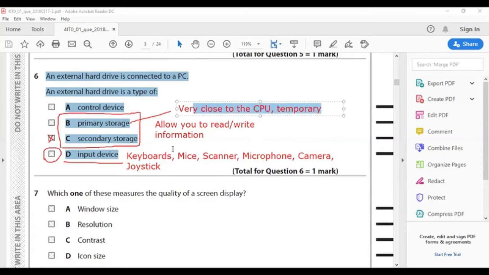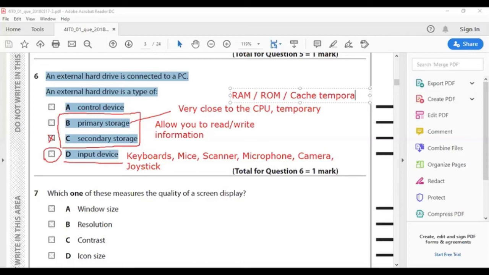So I was saying that RAM is temporary storage. Yeah, RAM, ROM, cache. These are all the different areas where primary storage exists, and these are all temporary.